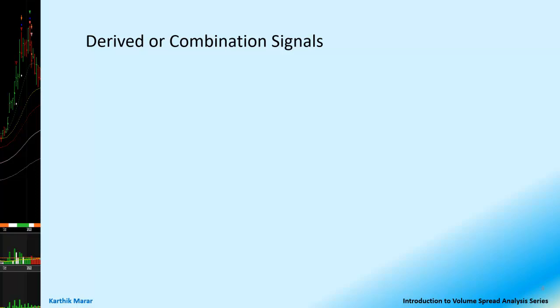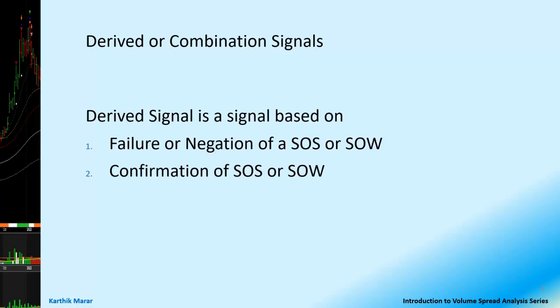So the derived signals are based on the failure or negation of a sign of strength or a sign of weakness. Also, confirmation of a sign of strength or sign of weakness is also a signal. So these are the derived signals.